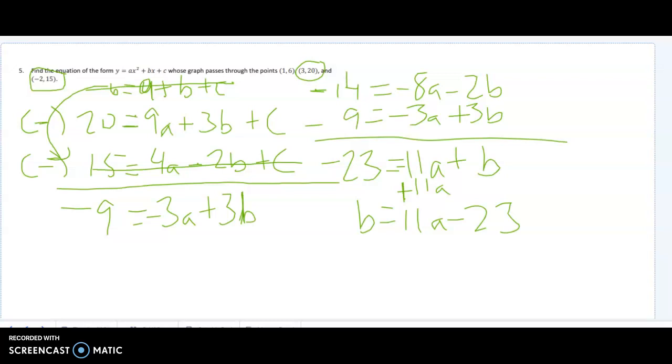Now I know what b is. I can go back and plug it in right here. So negative 14 equals negative 8a minus, and I'm going to do negative 2 times all of that, because I'm just going to plug all that in right here. So that's going to be a negative 22a plus 46.